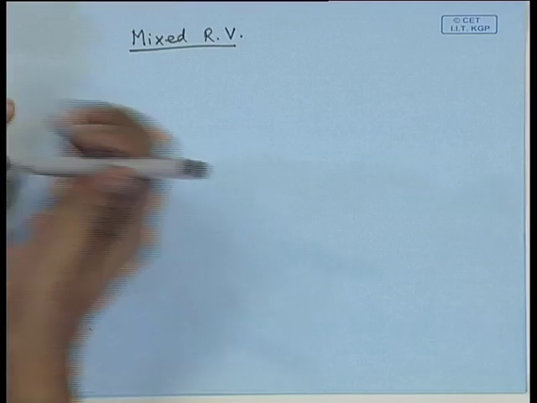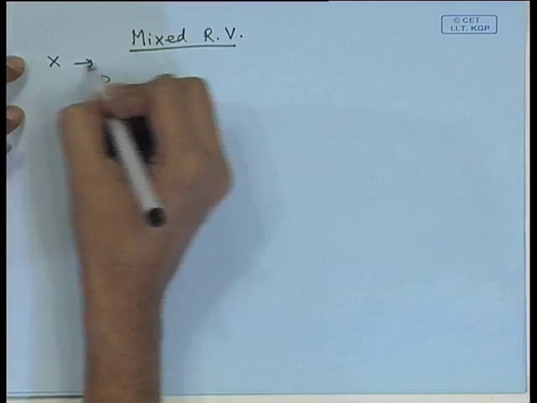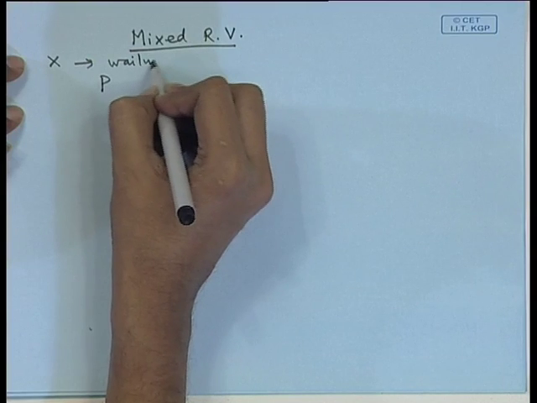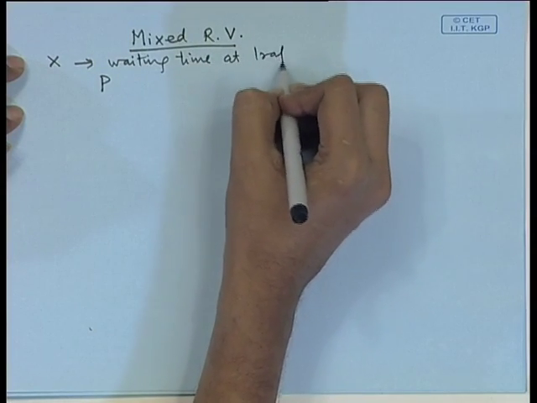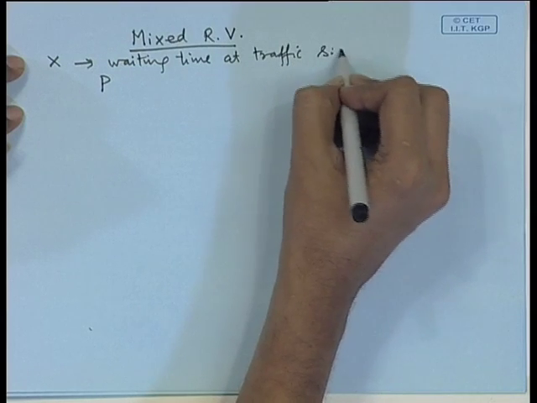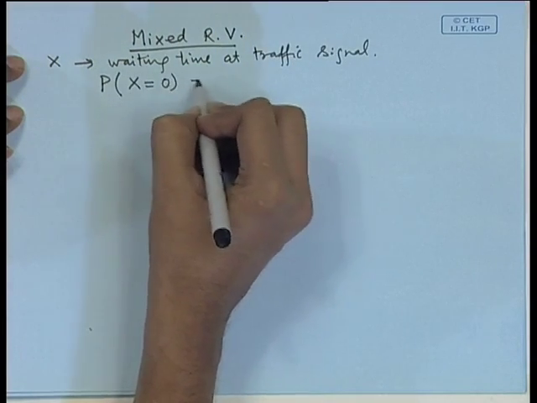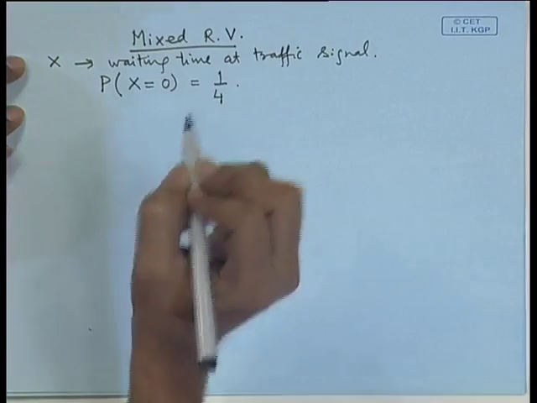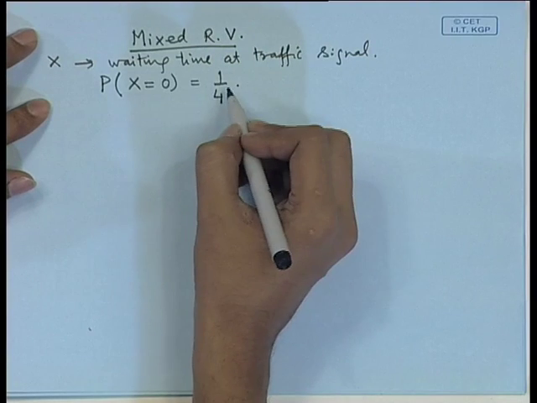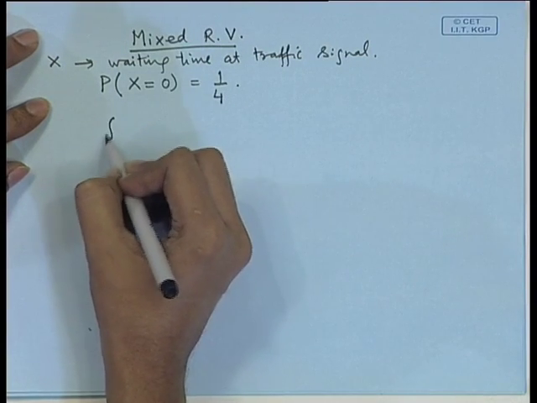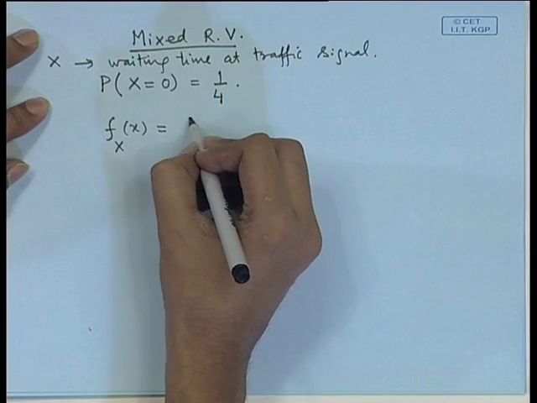In other words, if I say x denotes the waiting time at traffic signal, it may happen that the probability that x equal to 0 is say 1 by 4. That means, 25% of the time he is able to go without waiting. On the other hand, if he has to wait, then it is a continuous distribution.